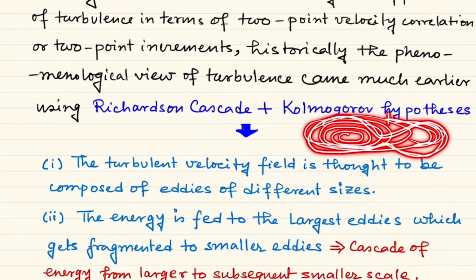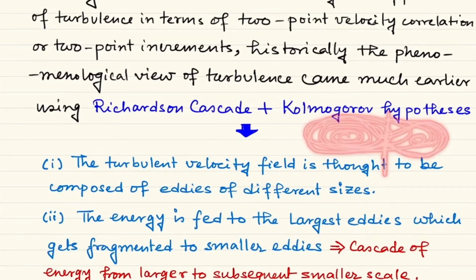That means the vortex structure would try to tear almost in the middle, thereby making two subsequent eddies, and this is where incompressibility plays the role.